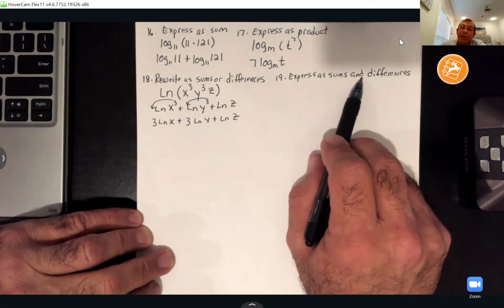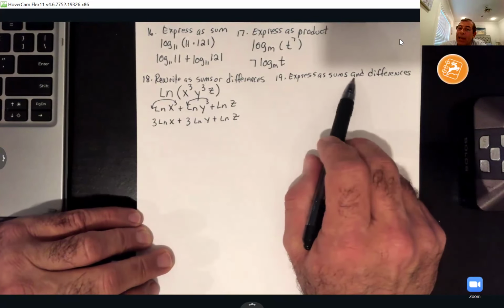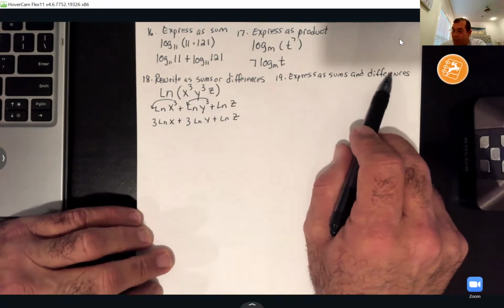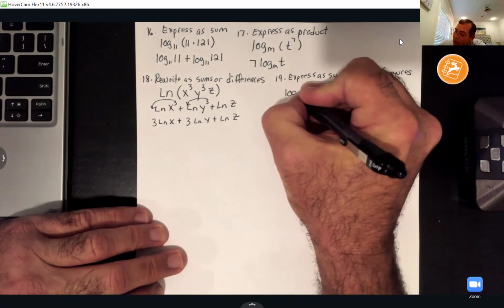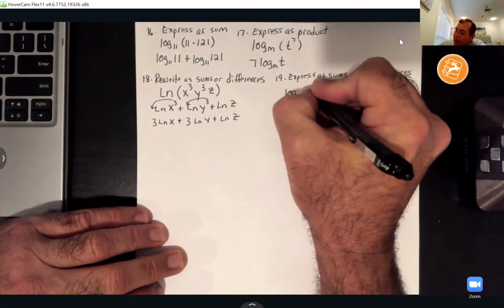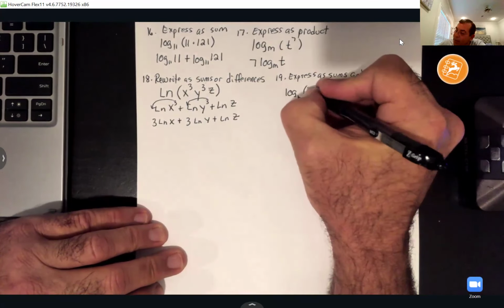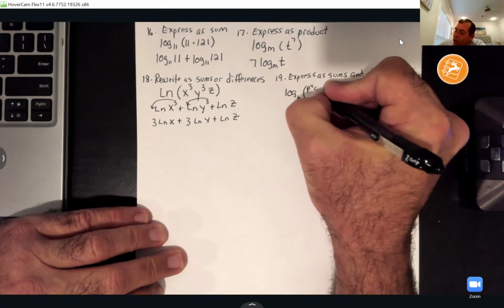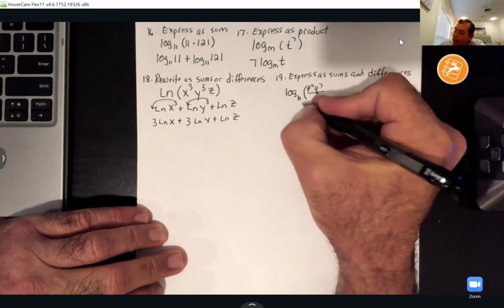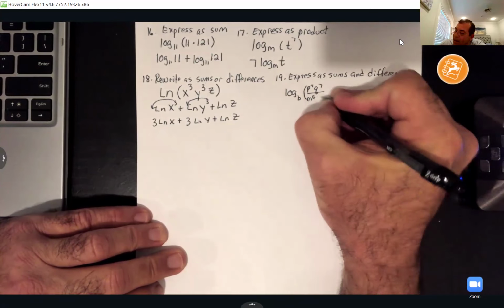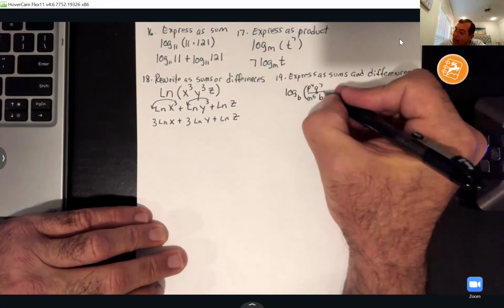So that means you're going to have some sums and you're going to have some differences. So y'all, here we go. We got a log base b of p to the fourth, q to the 7th over m to the fifth, b to the 8th.